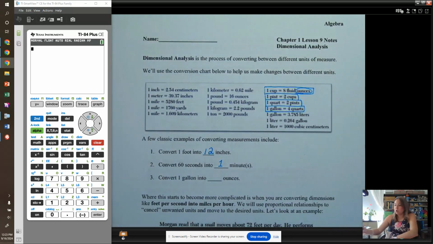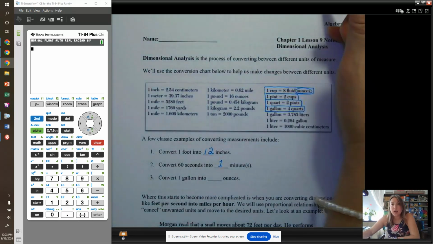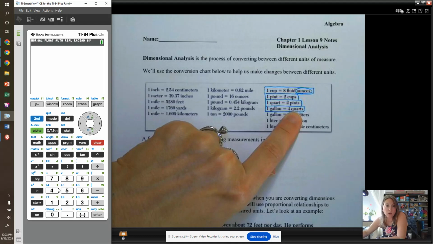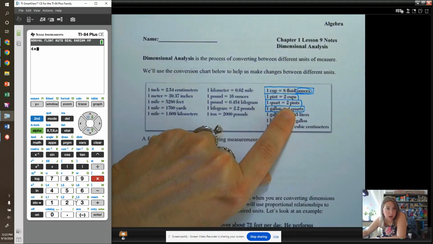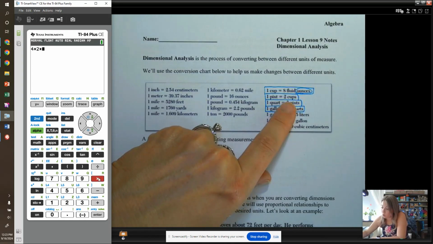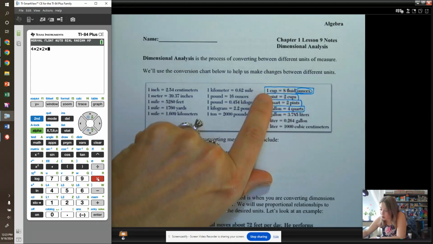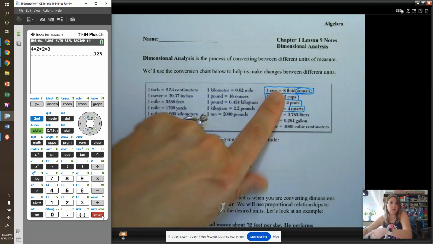Finally, we got there. So how do we take this and get back from 1 gallon to how many ounces fit in that 1 gallon? Well, let's take all of those values that we had. 1 gallon is 4 quarts, times 1 quart is 2 pints, times 1 pint is 2 cups, times 1 cup is 8 fluid ounces.